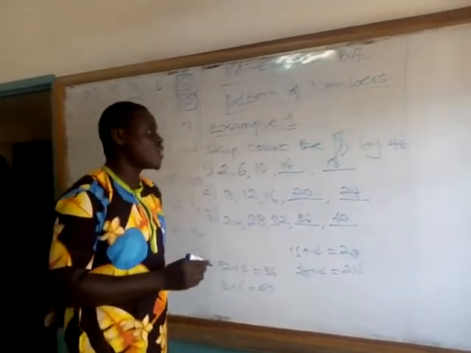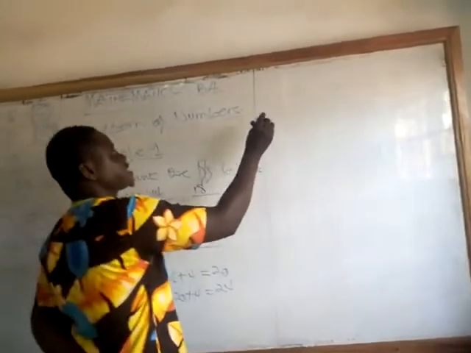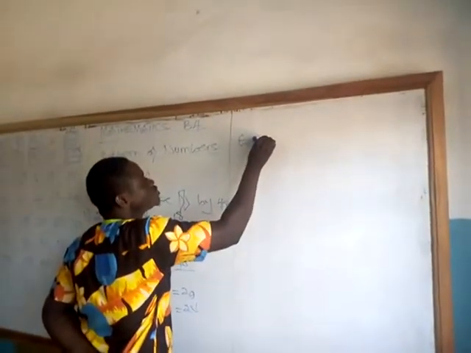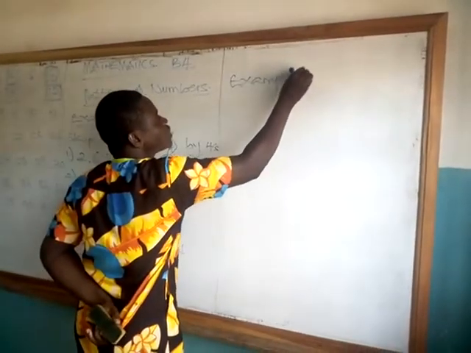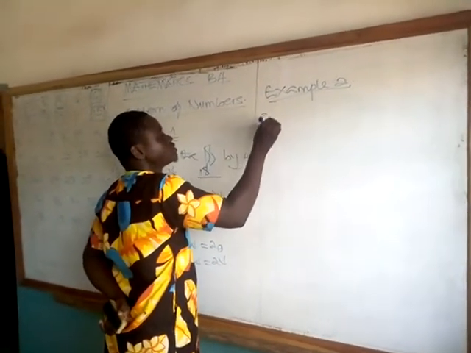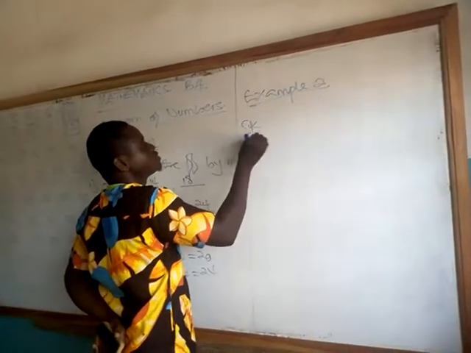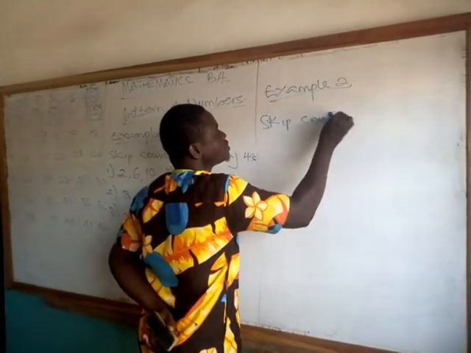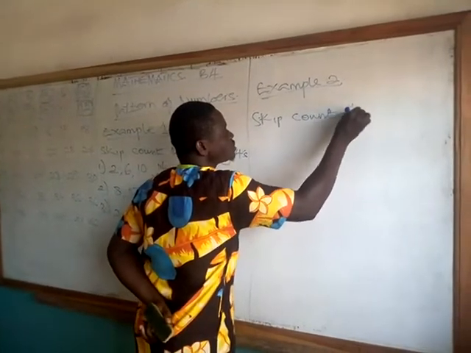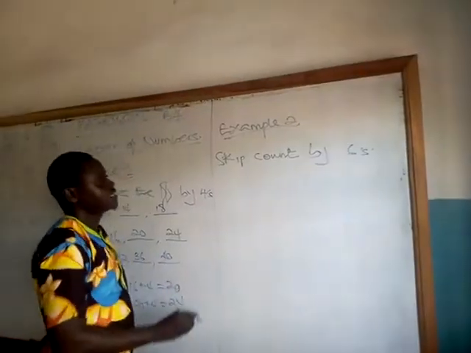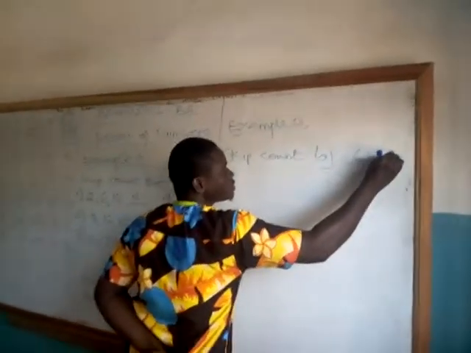Let's consider our second worked example. Example 2. Skip count by 6 in the following.